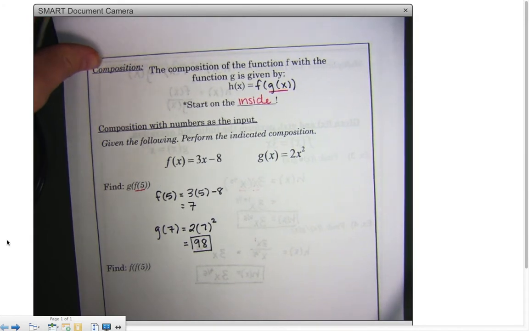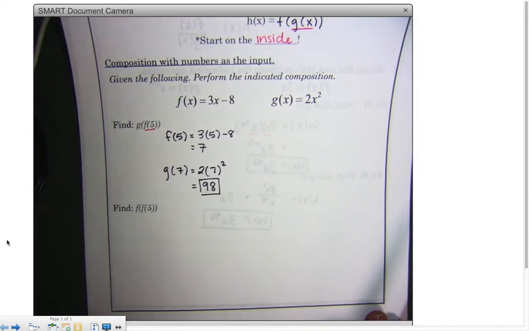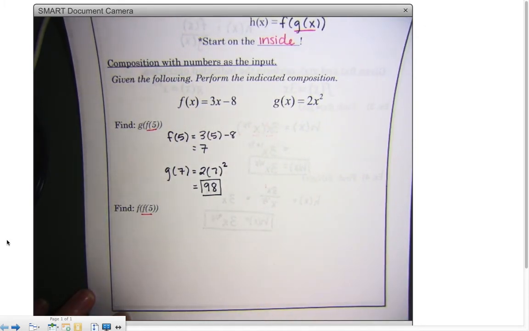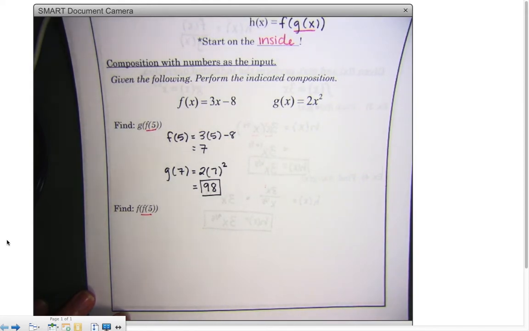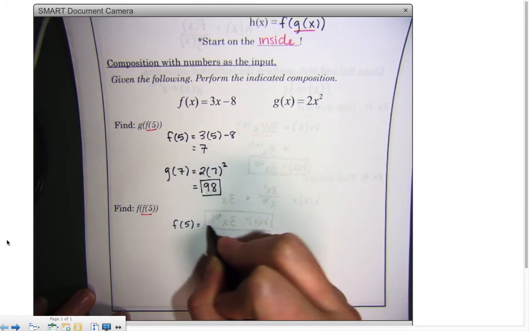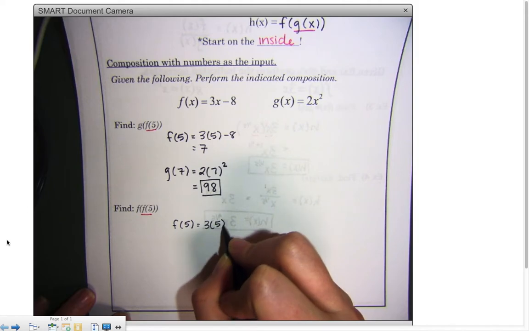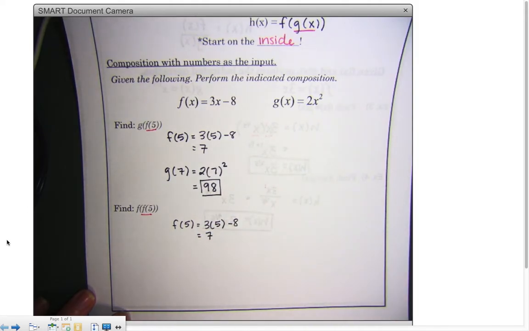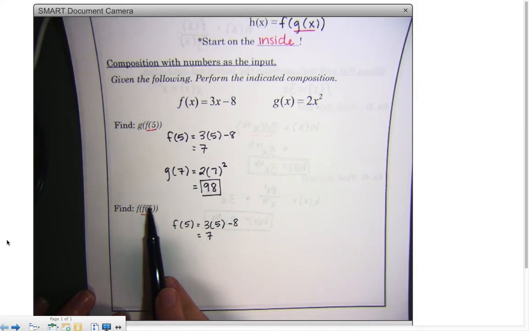So let's try f of f of 5. This is saying that I want to do f of 5, get that answer, and then plug that into f again. When we do compositions, we're doing things 2 times. So I'm going to do f of 5 to start with. Same one as last time, we get 7. Now f of 5 is 7, so now I'm going to do f of 7.